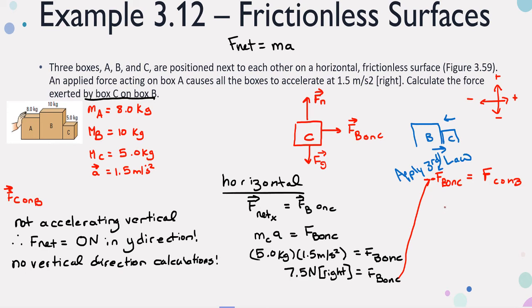So then this just means that it is 7.5 newtons to the left. So it's just the opposite way because we're pushing the opposite way. I hope that makes sense. If it doesn't, please ask.